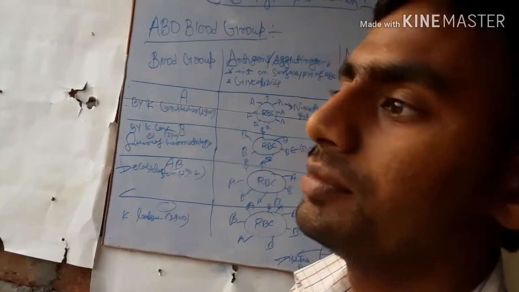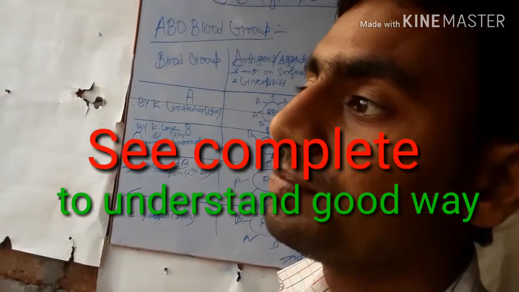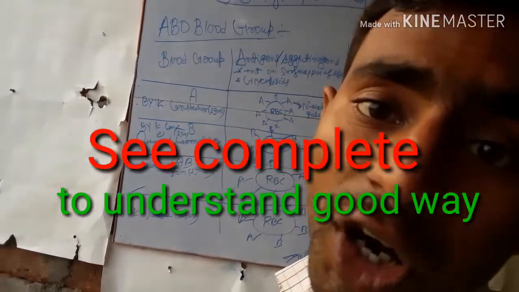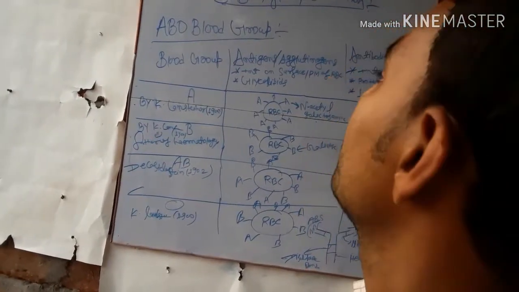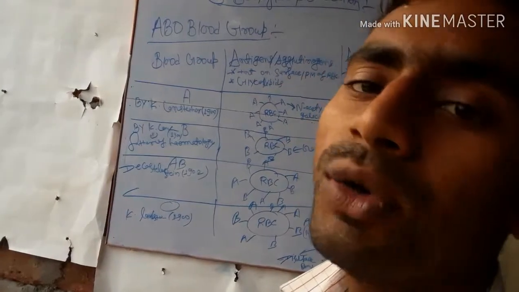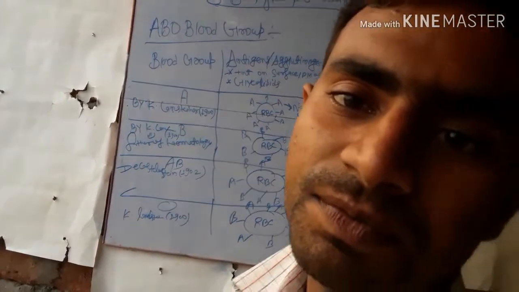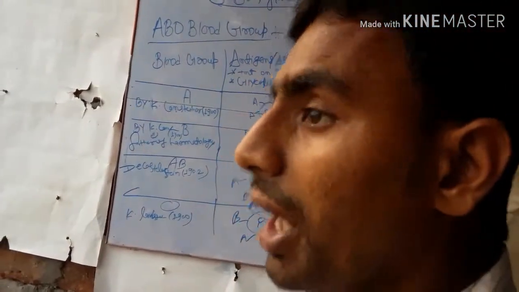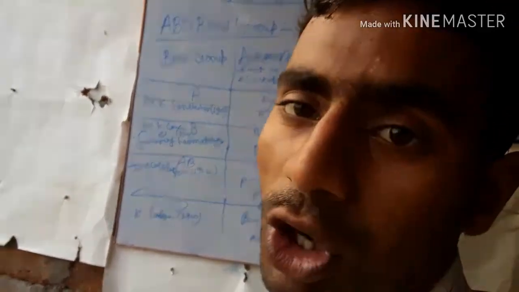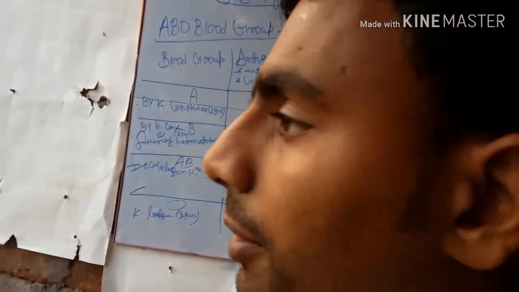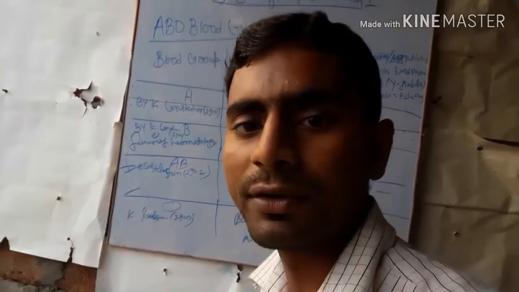Today we are studying the third chapter of human physiology, the third lesson, body fluid and secretion, in class 11th.